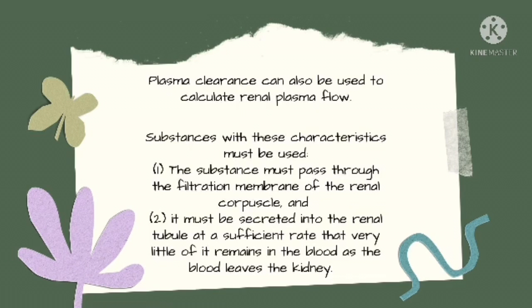As blood flows through the kidney, essentially all the para-aminohippuric acid is either filtered or secreted into the renal tubule. The clearance calculation for PAH is equal to the volume of plasma flowing through the kidney each minute.